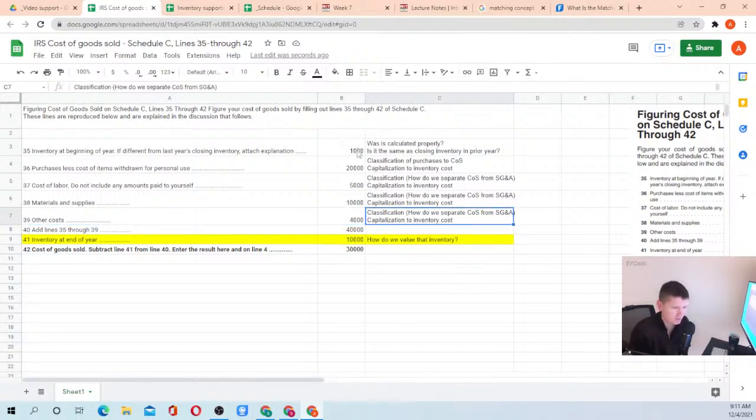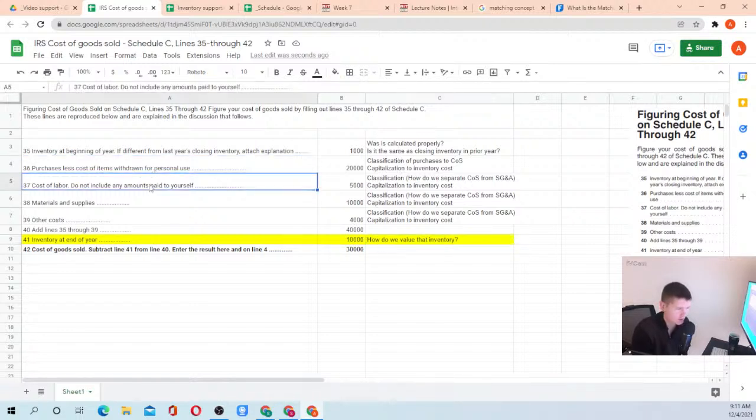As you can see from that point, every line in cost of goods sold is related to inventories. So one question is whether it is inventory related, and the second question is whether it is cost of sales or SG&A.